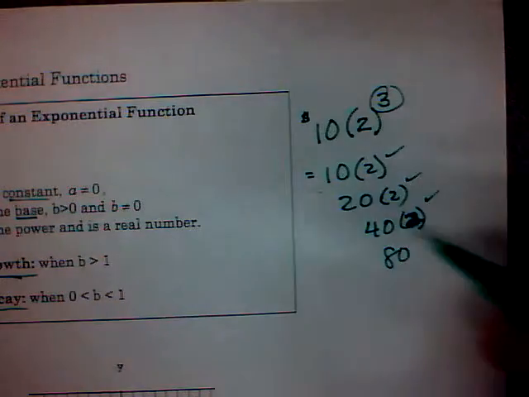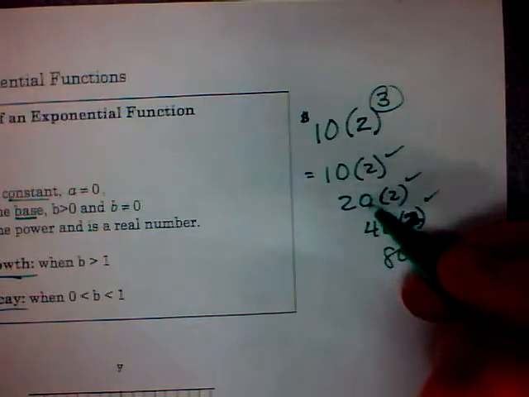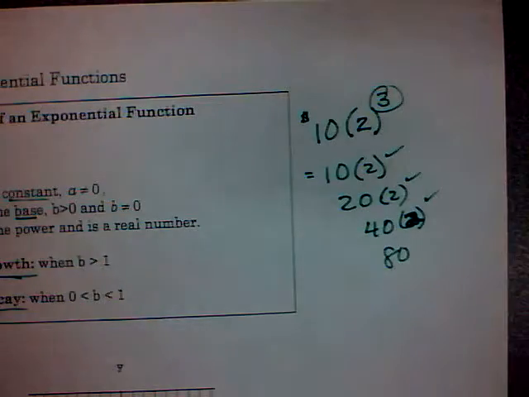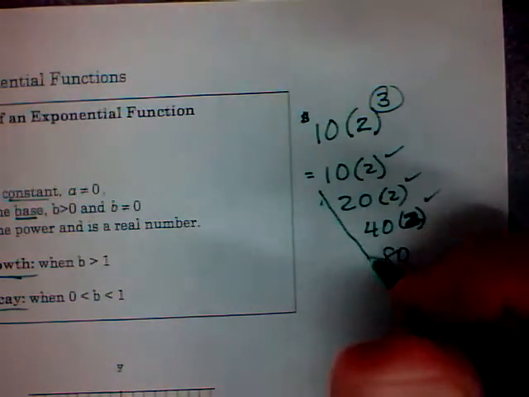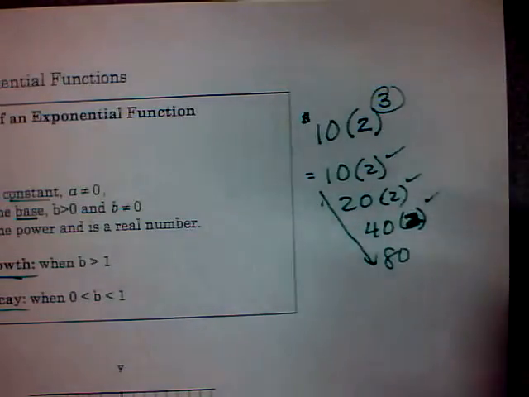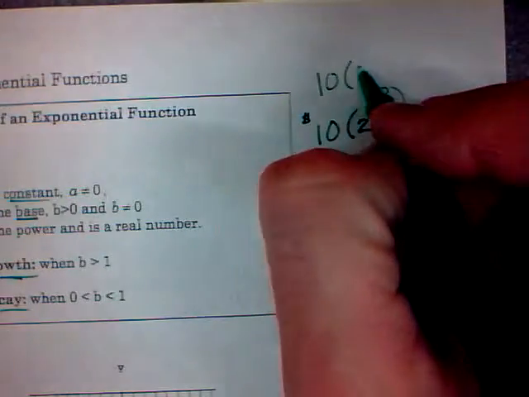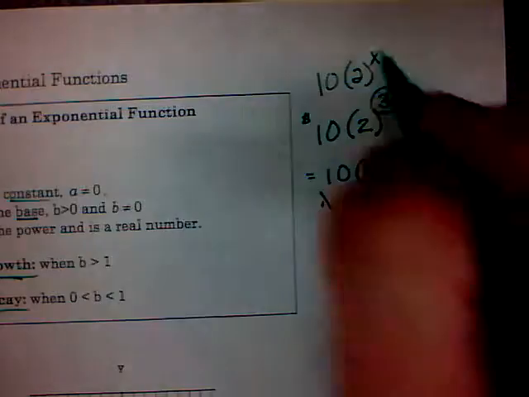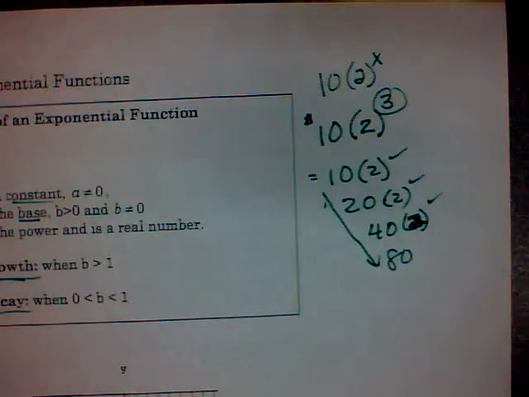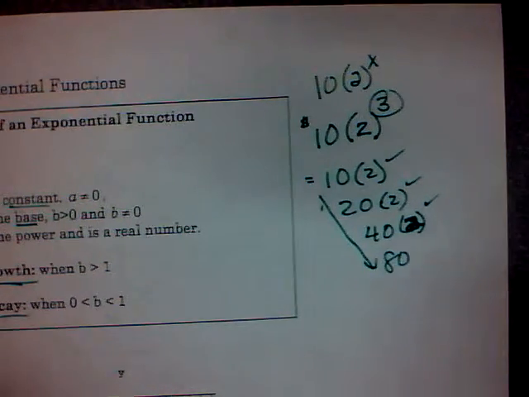That was the third power. So we start off with 10, and it doubles once, twice, 3 times. So this is the growth. So this would be like 10 times 2 to the x power. In this case, x was 3. So this is an exponential function.